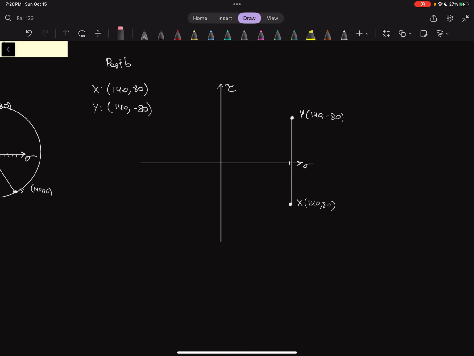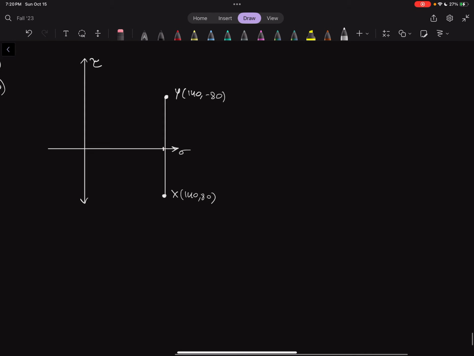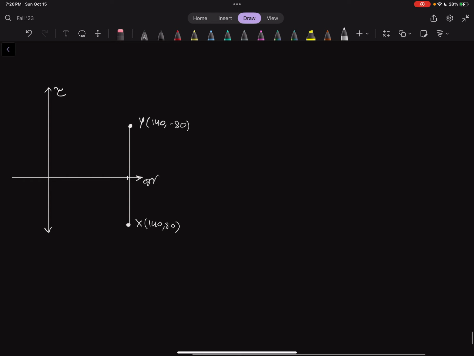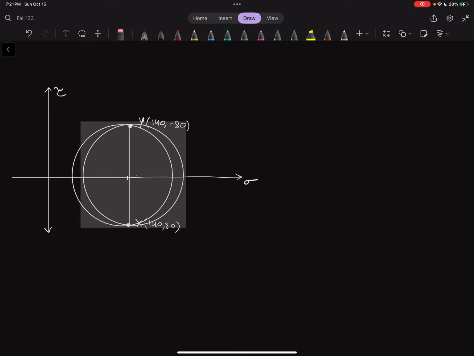We realize, oh my gosh, we don't need all of this, but we need more of this. So now we create our circle. And there it is.